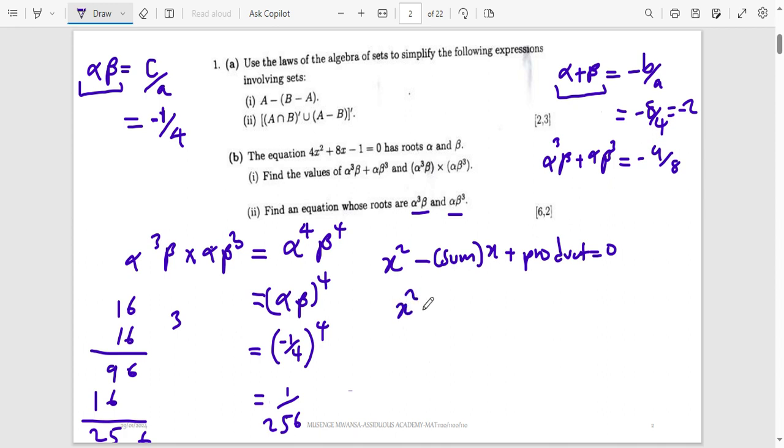The sum of the two roots, when we added, we got negative 9 over 8. But with the negative which is part of the equation, it will become positive 9 over 8x. And then the product of the two roots, we found 1 over 256. And this is equal to 0. So this is going to be the equation.